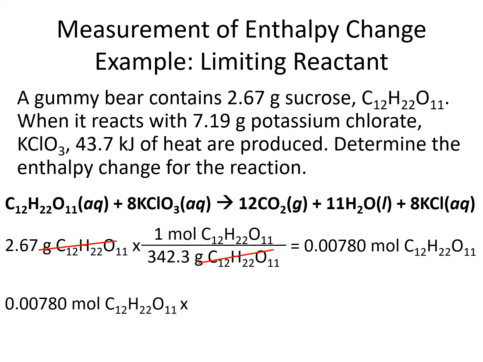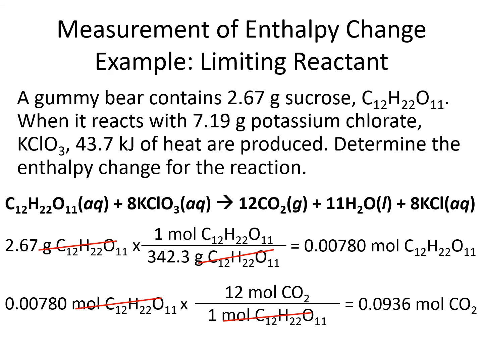Then we can go moles of sucrose to moles of CO2 using our stoichiometric factor from our balanced chemical equation. There's a 12 next to the CO2, and there's an understood 1 next to the sucrose. So we're multiplying by 12, and that gives us 0.0936 moles of CO2.